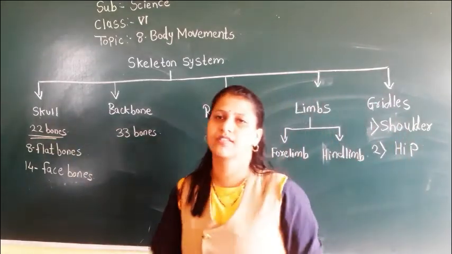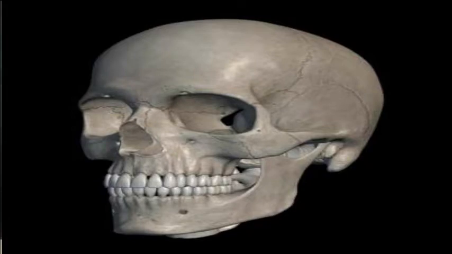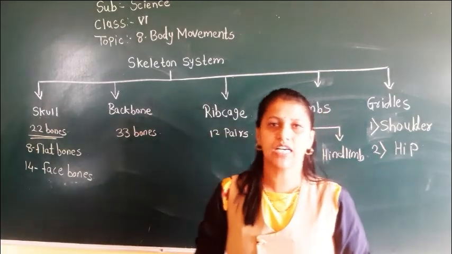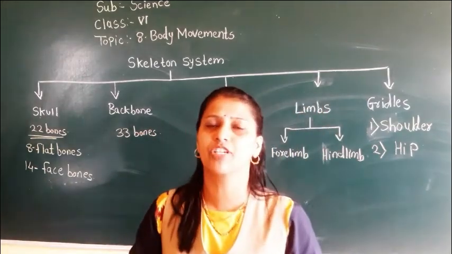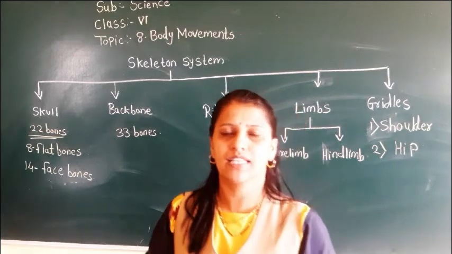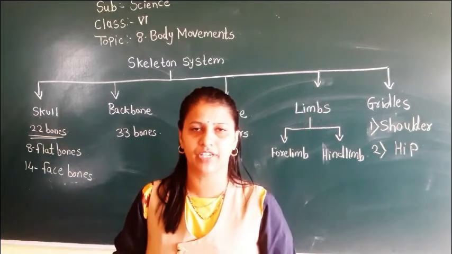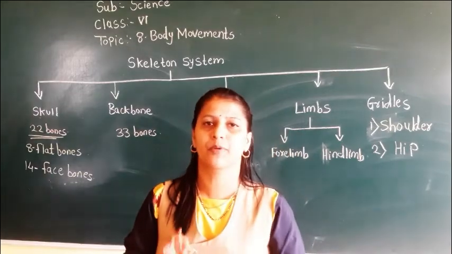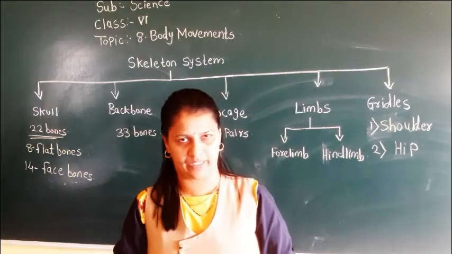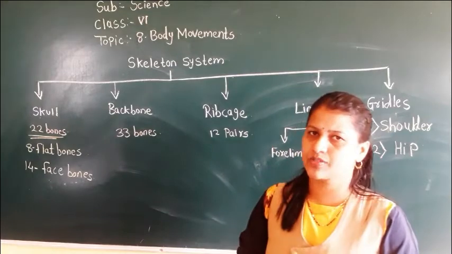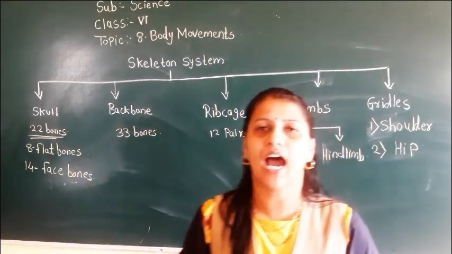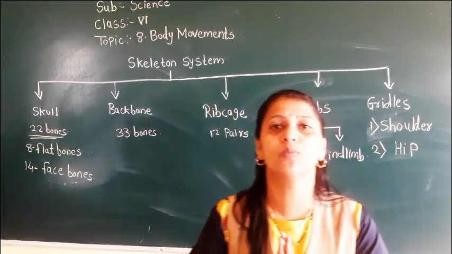So skull, can you see the skull? Can you see this picture? This is nothing but a skull. It protects our delicate organ. Inside this skull there is a brain, so it protects our brain. Now if we look at the skull, there are a total of 22 bones.